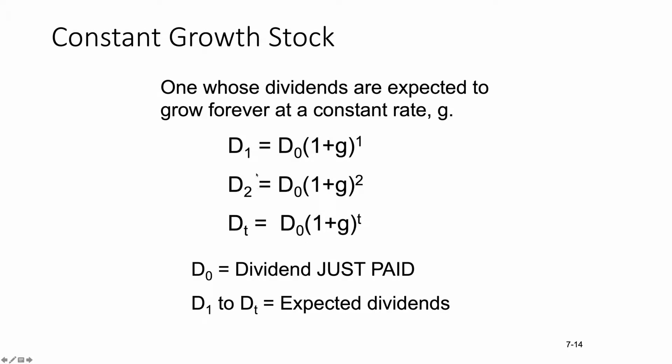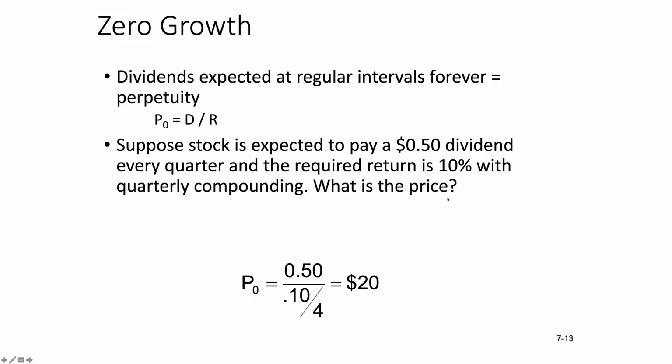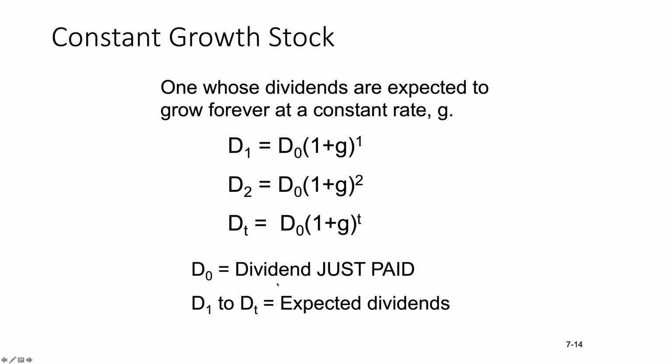D1 is the next period dividend, which is the last period's D0 times 1 plus G for 1 period. The second dividend, at the end of the second year, you compound twice. Now remember, D0 is the last dividend, the dividend just paid, already occurred.